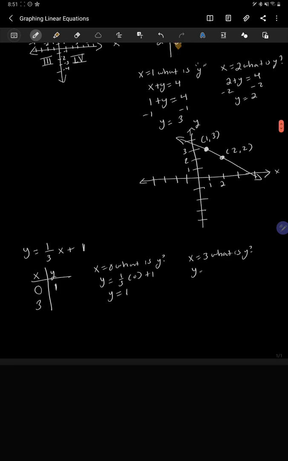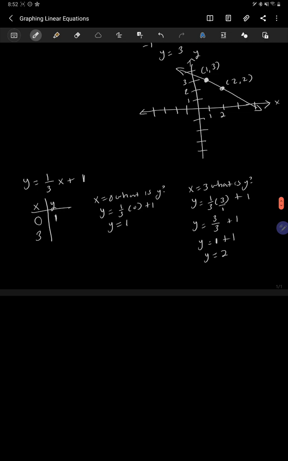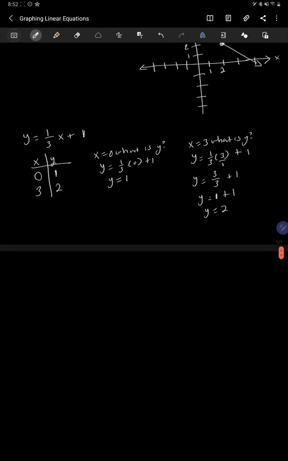And so we got y equals 1/3 times 3 plus 1. We put this over 1. We got y is equal to 3 over 3 plus 1. Y is equal to 1 plus 1. Y is equal to 2. So there we go. Now I have my 2 points. I can go ahead and graph them now.